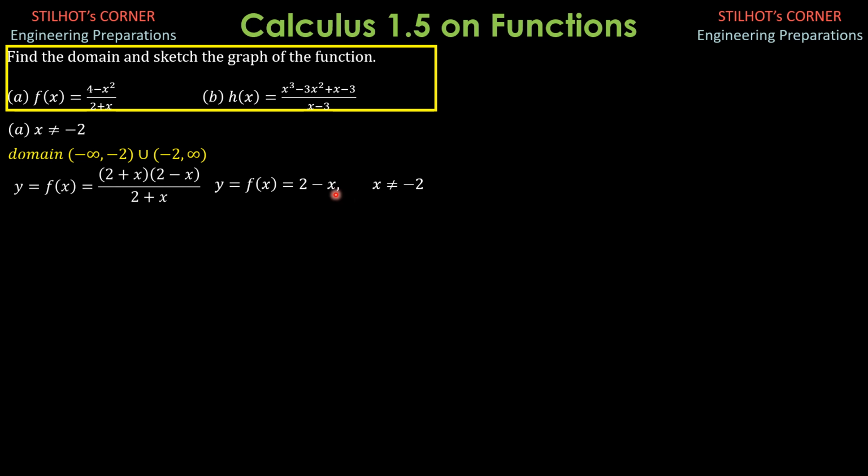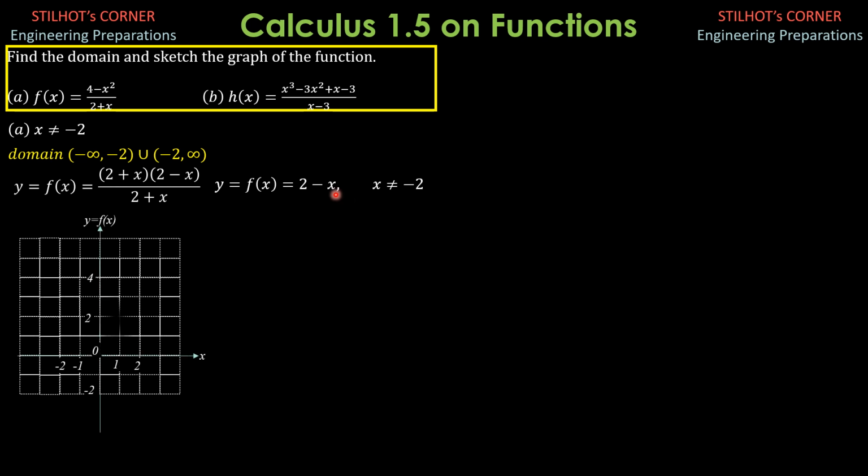When x is 2, y is 0. So let's plot it. The graduation is the same horizontally and vertically, 1, 2, 3, 4, 5, and so on, then along x also. Because this is a straight line, we just plot 2 points, then extend it, except when x is negative 2, 2 minus quantity negative 2 is positive 4.